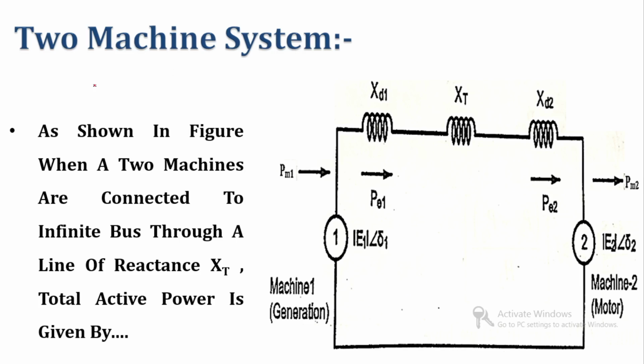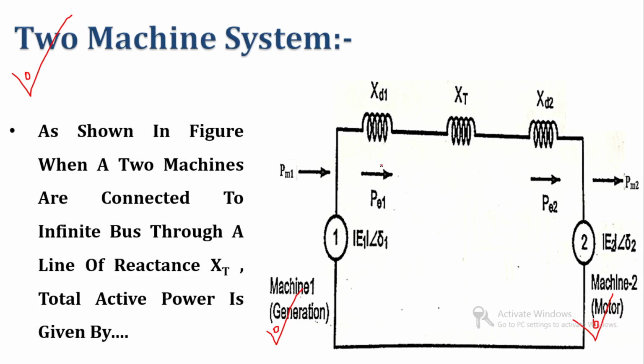Now let's consider the two machine system. We are trying to derive the power angle equation and swing equation for a two machine system, shown in the figure. Machine 1 is considered as a generator, machine 2 is considered as a motor. Clear?